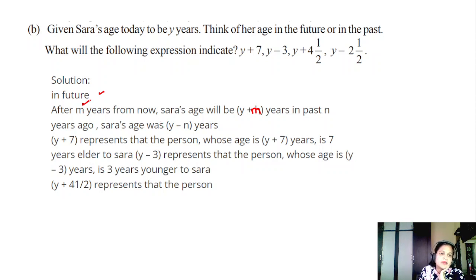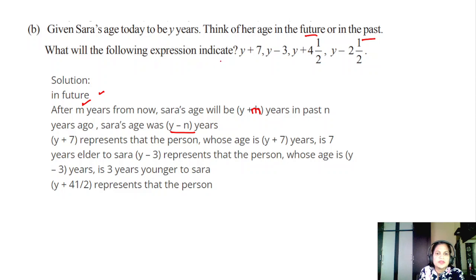Let us take a variable for that also. Let's take a random variable m years from now. Sarah's age will be y plus m years, and in the past n years ago means y minus n years. Okay, future and past, both are over.